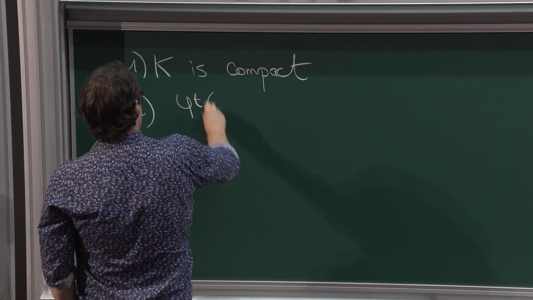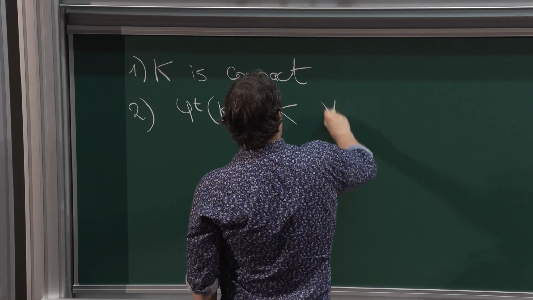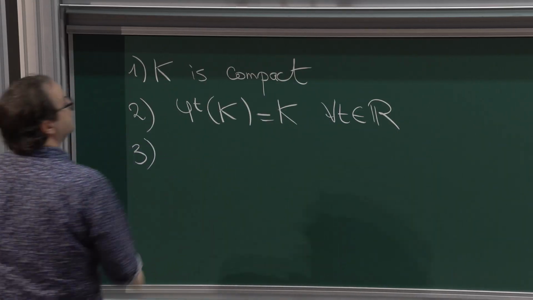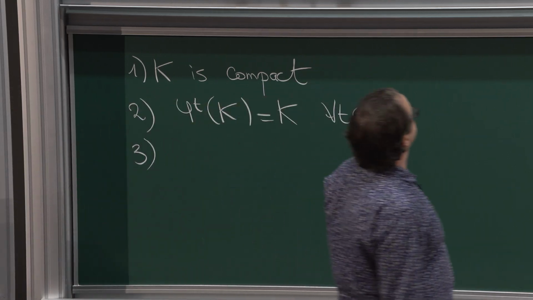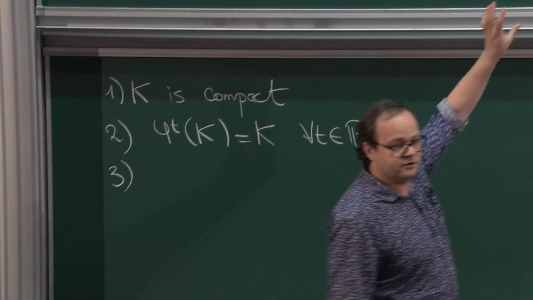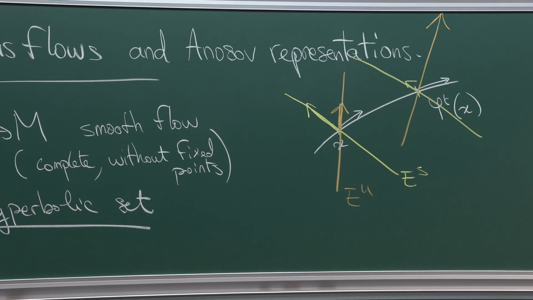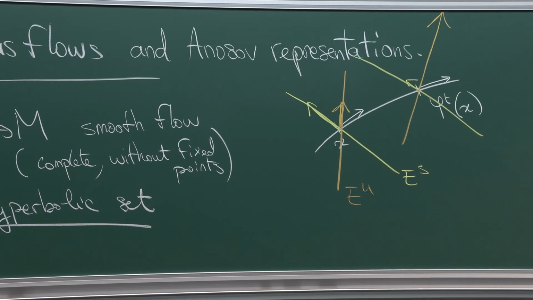So if you flow out from K, you stay in K. And the third condition, which is the one that we always see as the main definition, is this splitting of tangent vectors. So it means that you have a splitting of the tangent spaces to the manifold M, but only over points in K. Right?